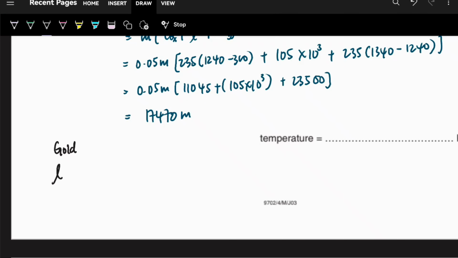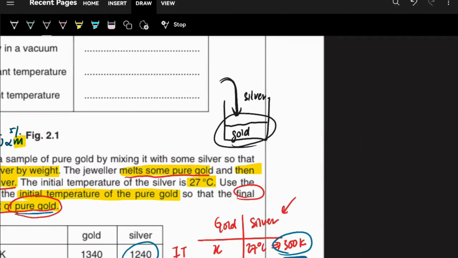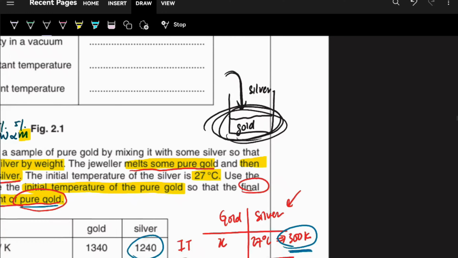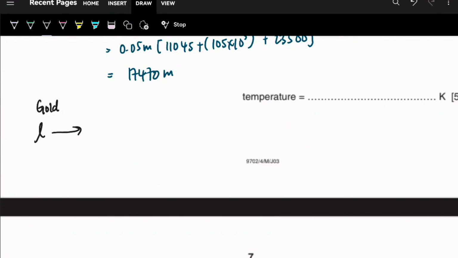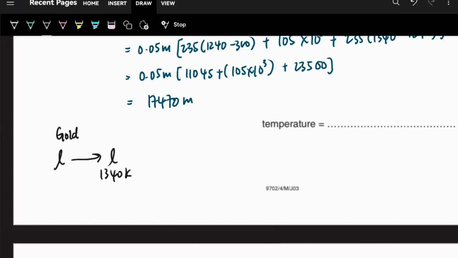Right. So this is what we're going to find. What was the initial temperature of this gold when the guy added the silver in? We know the final temperature. The final temperature is actually 1340 Kelvin, because they did say here, final mixture is at the melting point of pure gold. So in order for the gold to lose heat so that the silver can absorb, the gold has to cool down.